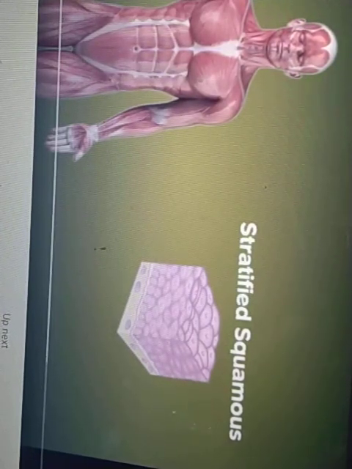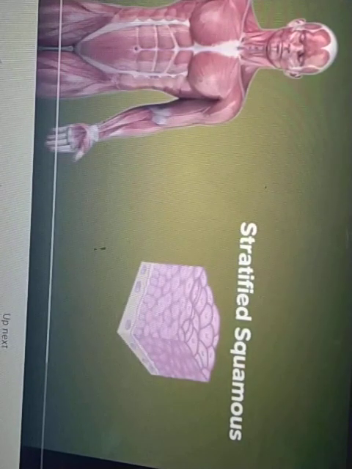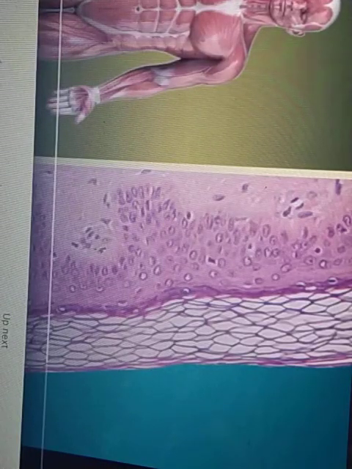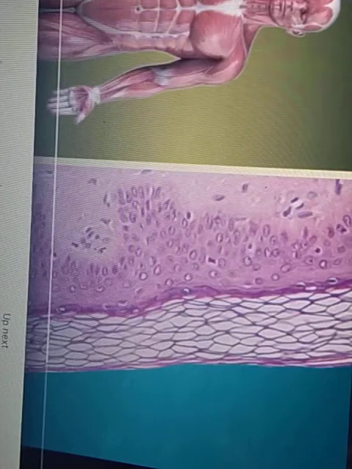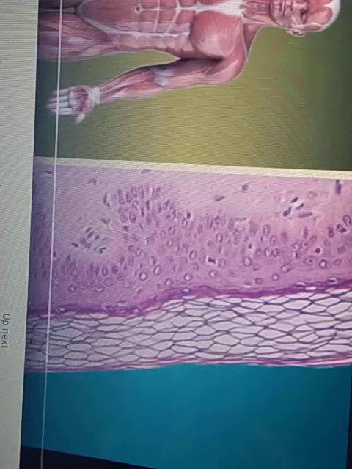It is present in the skin, inner lining of esophagus, etc. And it provides protection against heat and mechanical injuries. Here you can see the skin. Skin is made up of multiple layers of the squamous epithelial tissue, so it is called stratified squamous epithelial tissue, and it is responsible for protection against heat and mechanical injury.